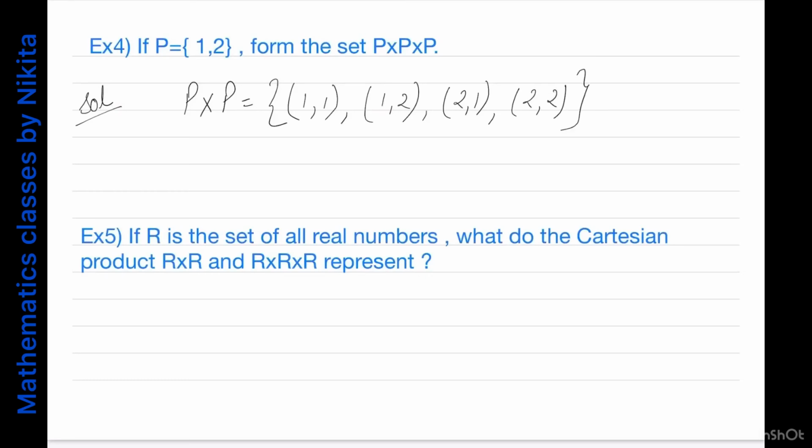Now consider this as one set and take its Cartesian product with P. So this is one set and this is your second set. So what you will get?